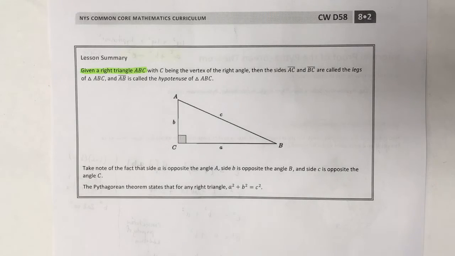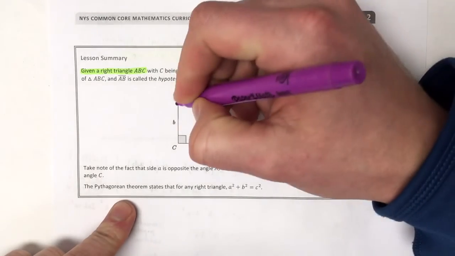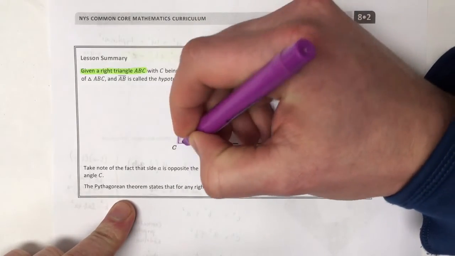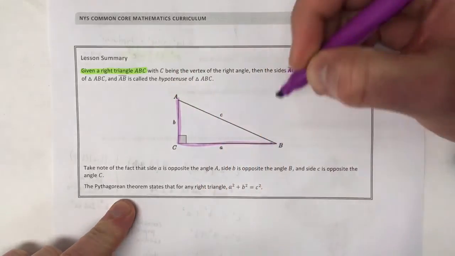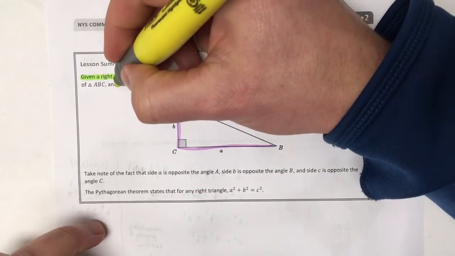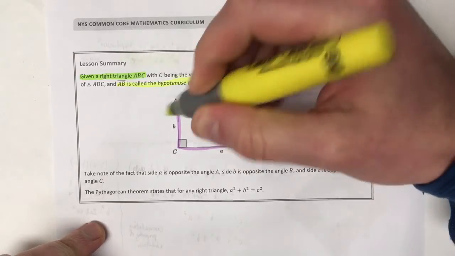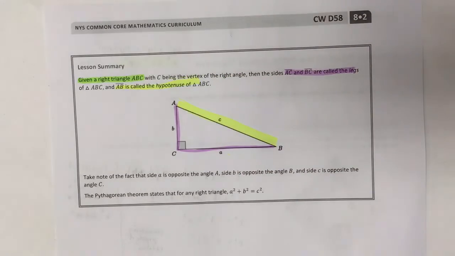The next little bit is that sides AC and BC are called legs, and AB would be called the hypotenuse. Being able to label your triangle properly is super important as we work with this formula. As you can see, they've labeled it with the letters, and being able to put the right values in their respective places is also really important.